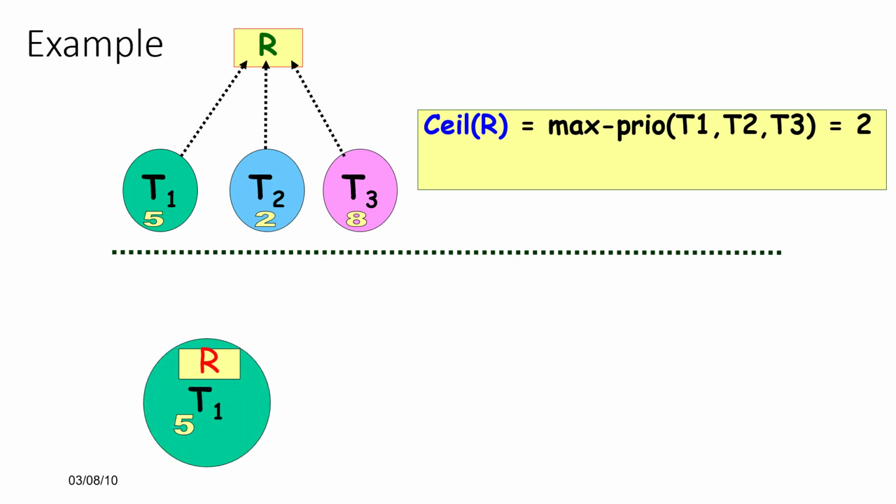graphical illustrations of this. Here again, lower the number, higher the priority. Assume T1, which has a middle priority between T2 and T3, has acquired the resource. The moment it acquires the resource, regardless of whoever is waiting for it, its priority is bumped to 2, because 2 is the ceiling value. 2 is the highest priority among all the tasks. After that, if T2 wants to acquire the resource, then it falls behind in first come first serve order.